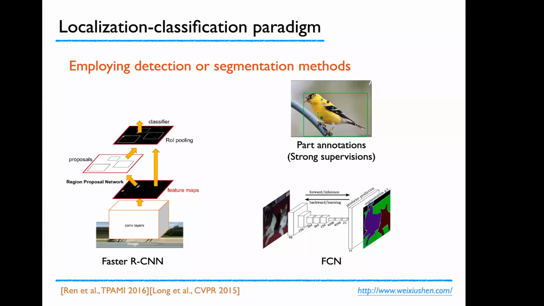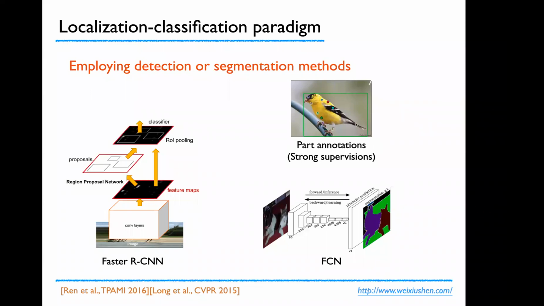For the first perspective, it is straightforward to employ detection or segmentation techniques, for example, Faster R-CNN or fully convolutional neural networks for segmentation. We can use these detection or segmentation methods to locate key image regions corresponding to fine-grained object parts.